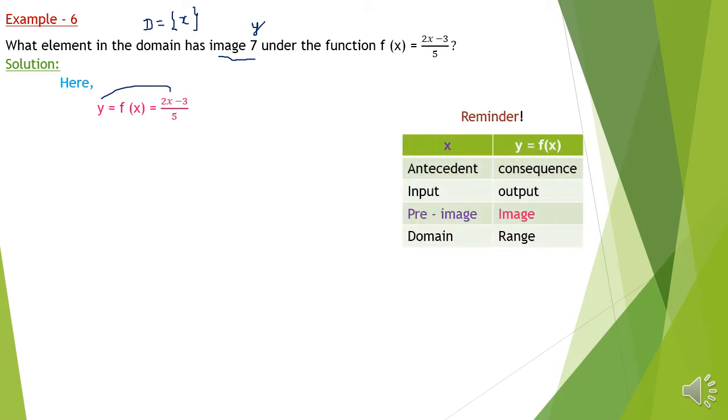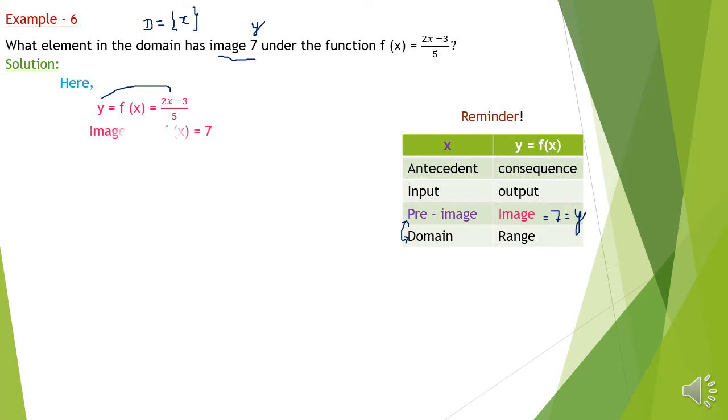We have to find the pre-image. Actually the image is given, 7, which is also the value of y, and we have to find the pre-image because the domain is a collection of pre-images. All the pre-images are the domain of a function.